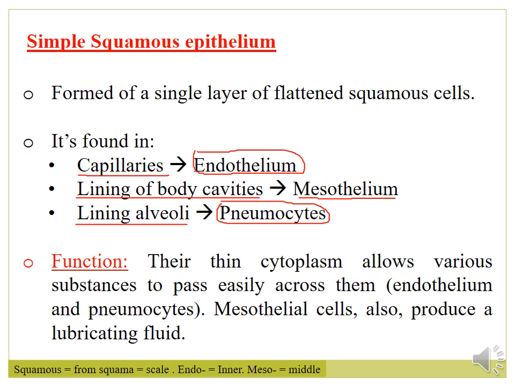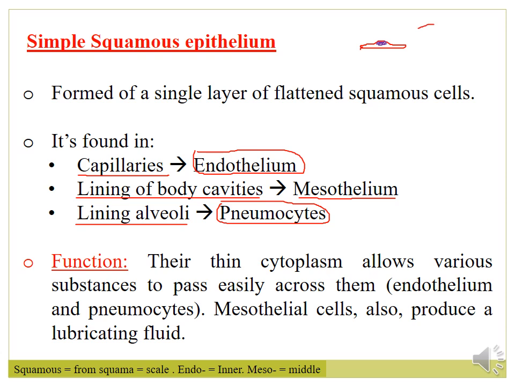Now, squamous cells are thin, flattened cells. So if we try to draw a squamous cell, so this is the squamous cell.